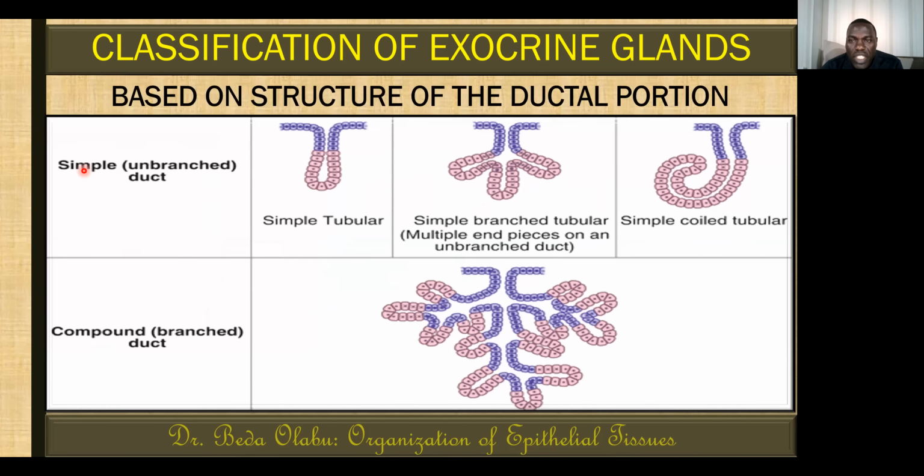So based on the branching of the ductal portion, we have simple exocrine glands as the ones on top there, and compound exocrine glands like the one below. Is the ductal portion branching? It's compound. Is it not branching? Simple.